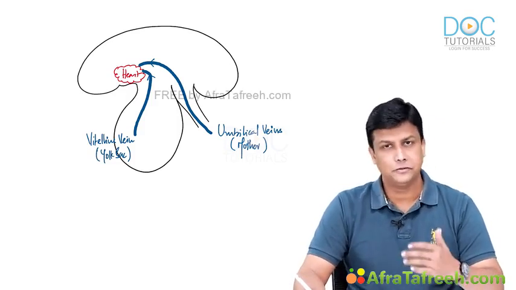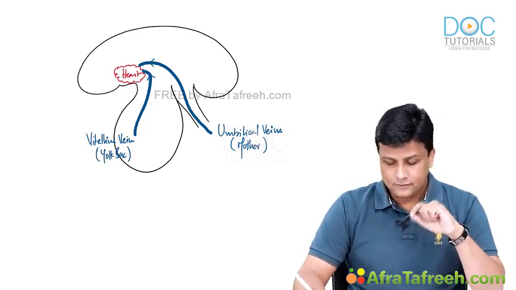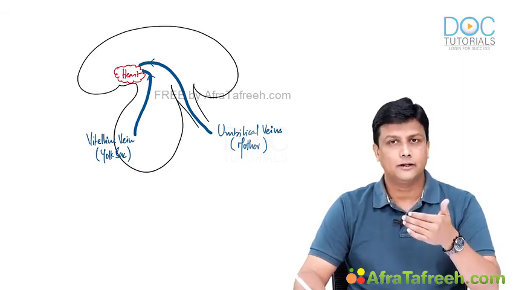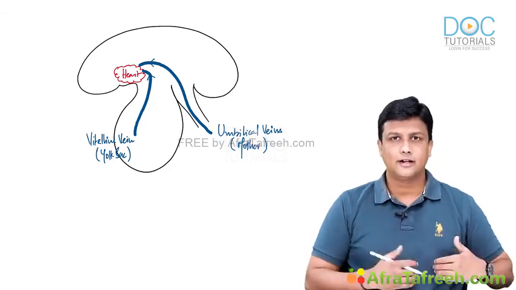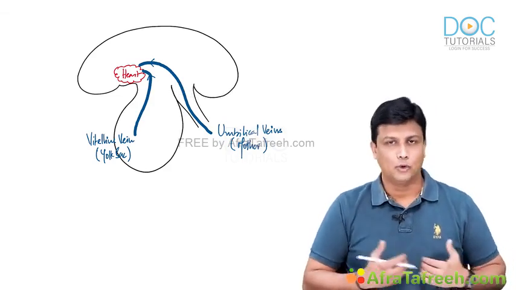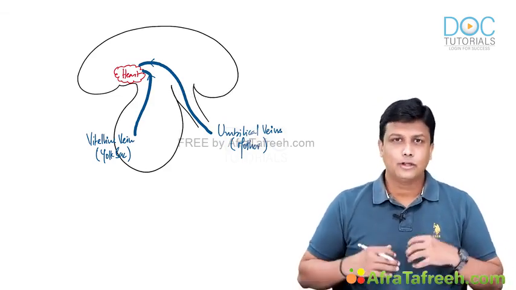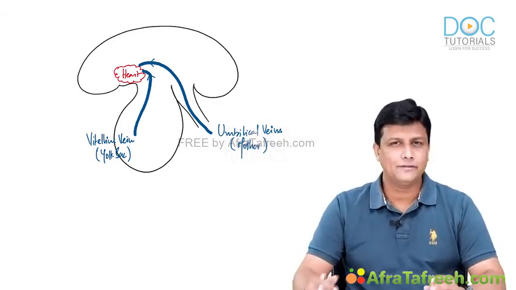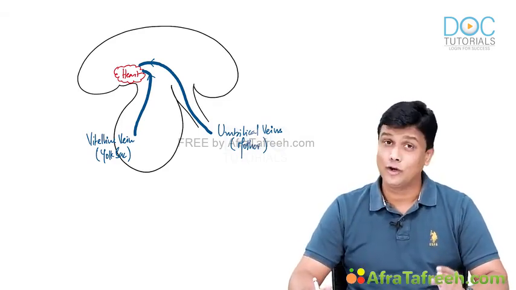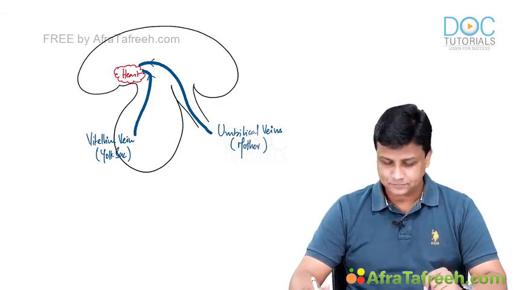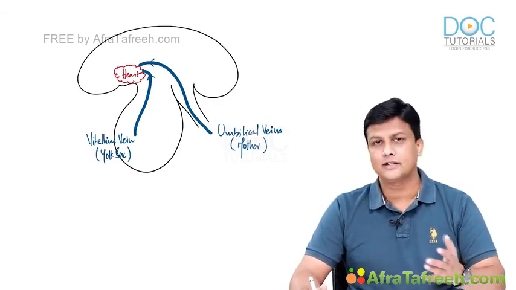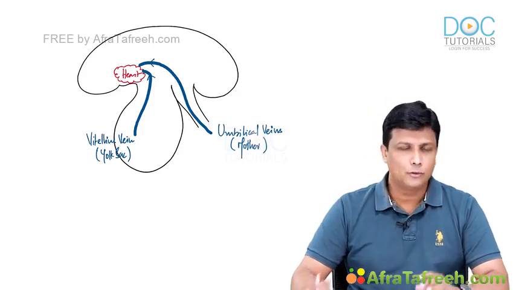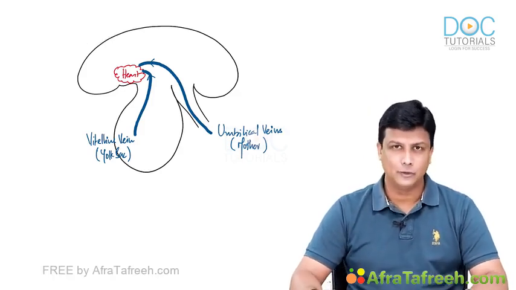It is the one which is going to become your entire gut. So because yolk sac is going to become the gut, right now in your body and my body, gross anatomy, from the entire gut, the blood is actually collected by the portal vein. Therefore, the portal vein has to be definitely developing from where only? Vitelline vein. I want you to make that idea in your mind. So portal vein has to be derived from the Vitelline vein only.